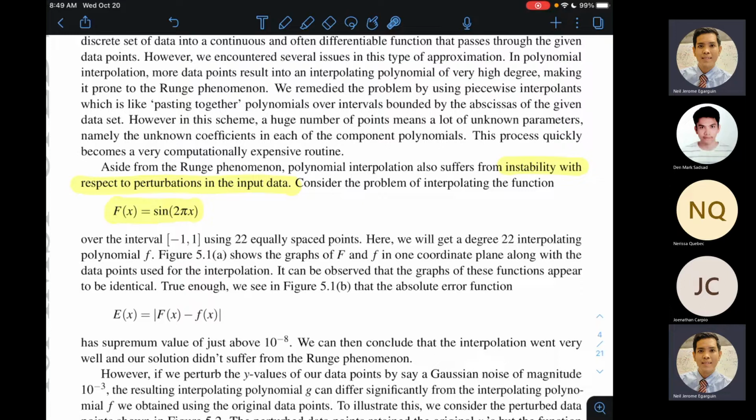Kasi halimbawa nasa lab ka, nagko-collect ka ng data. So halimbawa sa tungsten emittance. So isa-subject mo yung tungsten to some temperature, tapos titingnan mo kung ano yung emittance at that particular temperature.